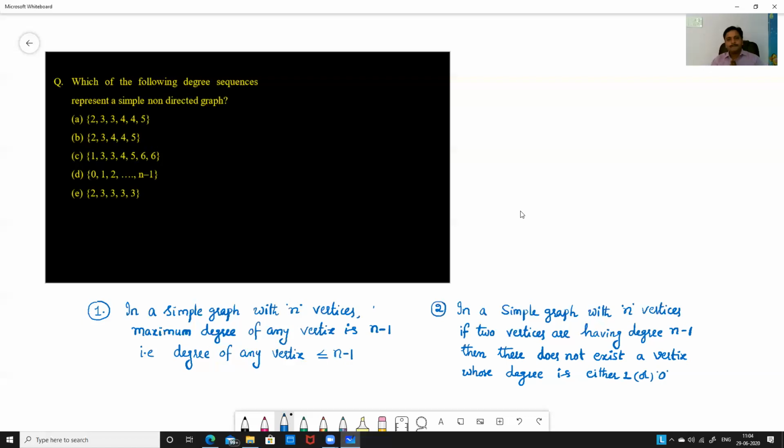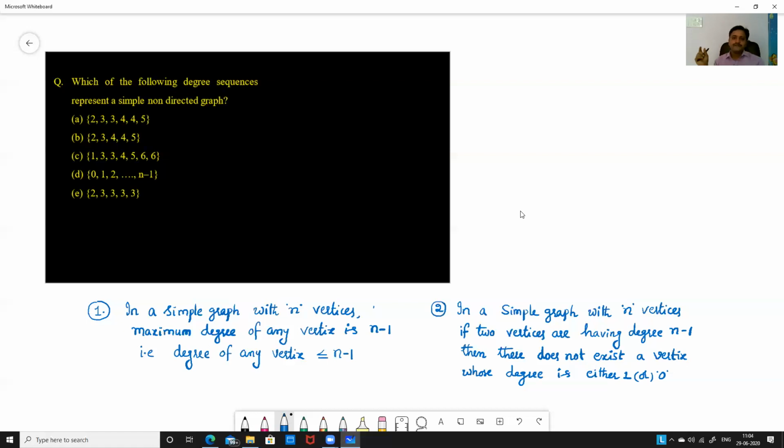So what does it mean? Suppose, for example, I have a graph with n vertices. In that graph, if two vertices are having degree n minus 1, like vertex 1 is connected to remaining all n minus 1 vertices, then I can say vertex 1 is having degree n minus 1. Similarly, vertex 2 also connected to remaining n minus 1 vertices.